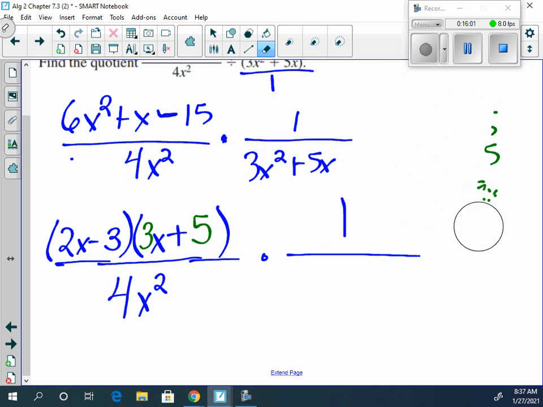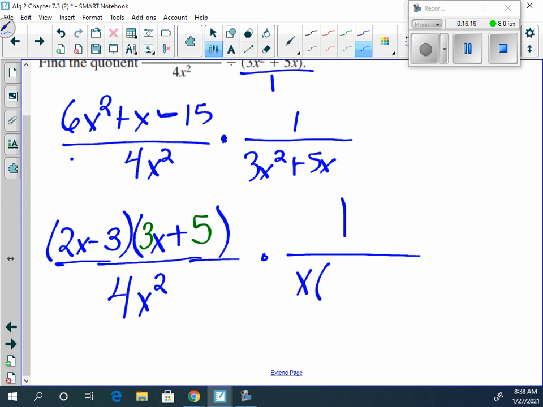Okay, let's factor 3x squared plus 5x. What do we do? Factor out the x. And if I factor out the x, x out of x squared leaves me with... Wait a minute.